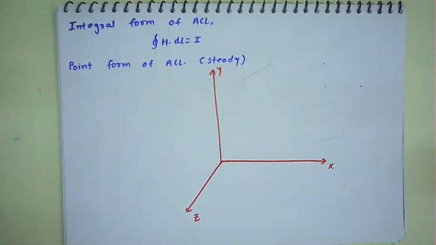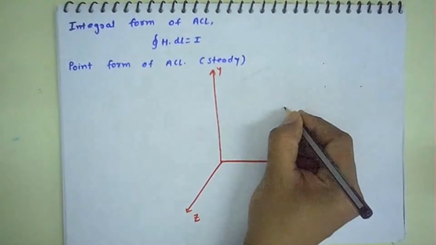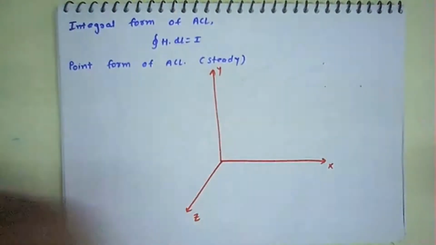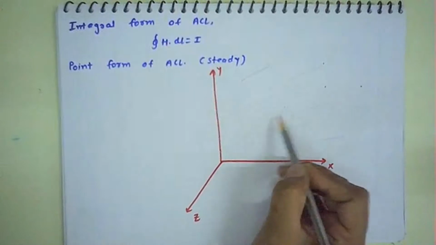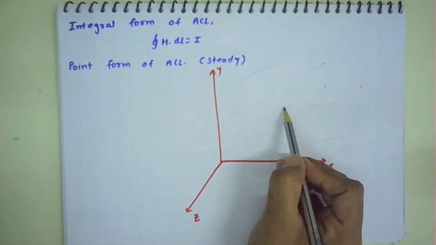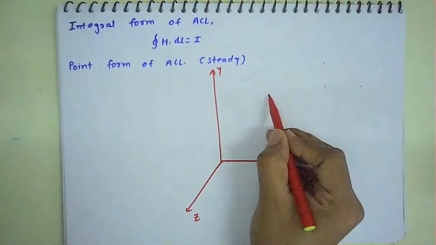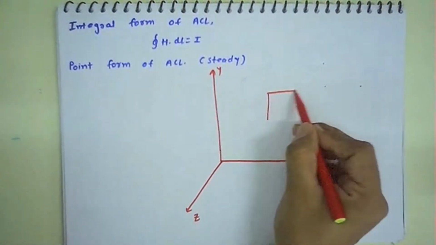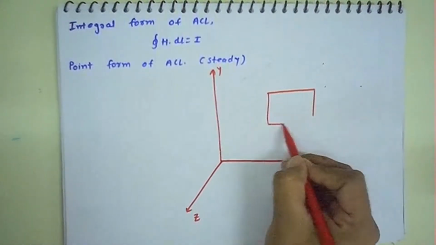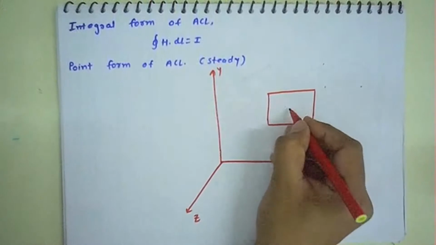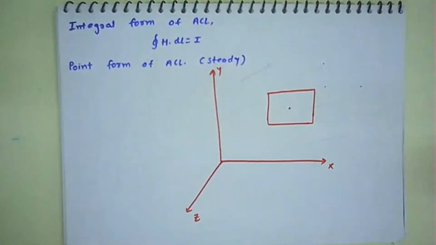So what do we have to do? We have to mark one point and draw one closed path that is encircling this point. Here I am drawing one closed path encircling this point.